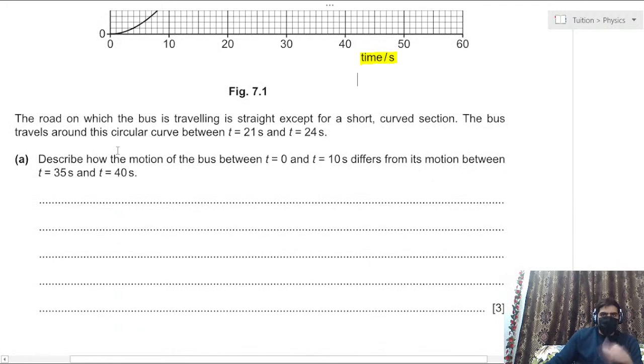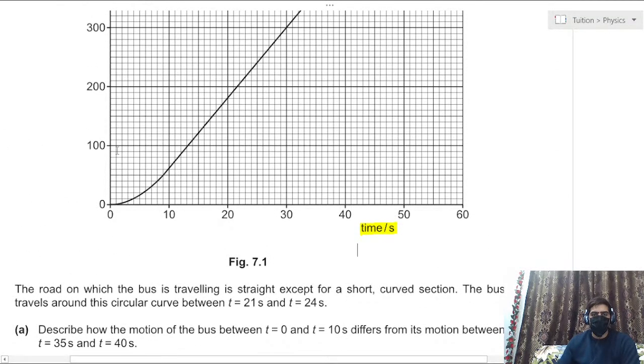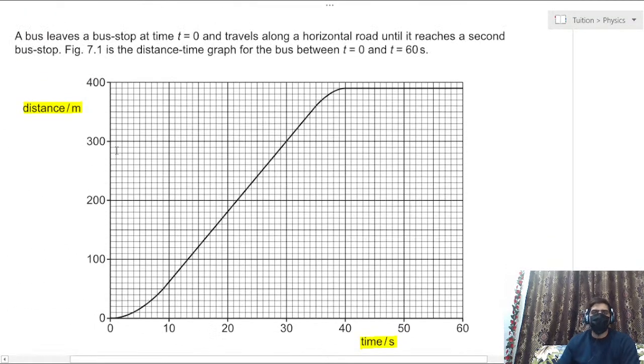Let's read the question and then we revert back to the graph. Describe how the motion of the bus between 0 and 10 seconds differs from its motion between 35 and 40 seconds. So 0 to 10 second and 35 to 40 second. These are two stages given.